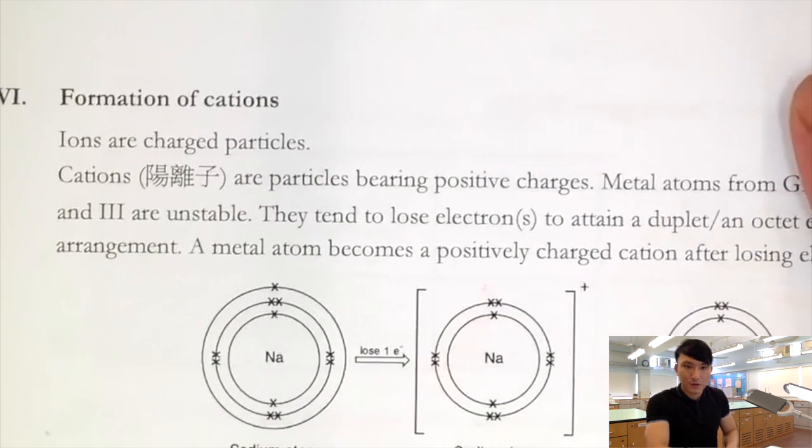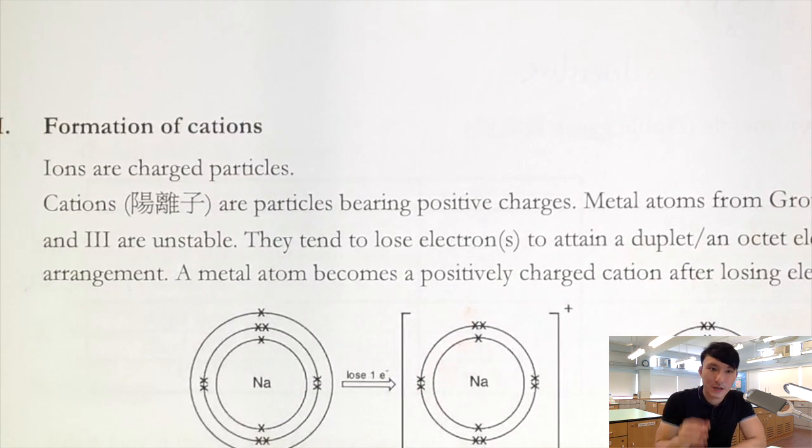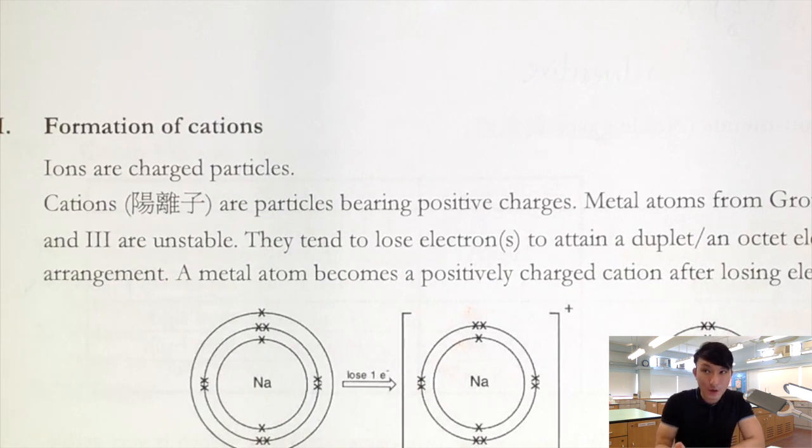So just now we said that noble gases are very stable because they have the octet structure or the doublet structure. In other words, if an atom or a chemical species does not have an octet structure or a doublet structure, then we can say that it is unstable, that those species are reactive.